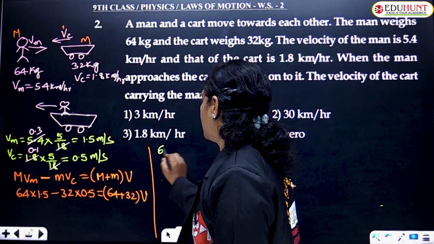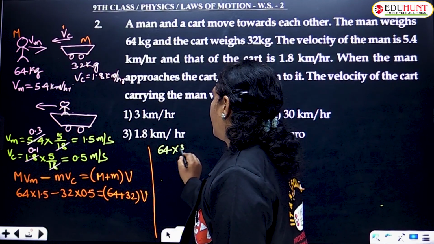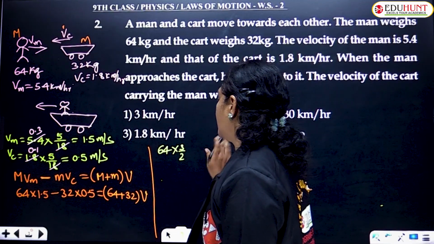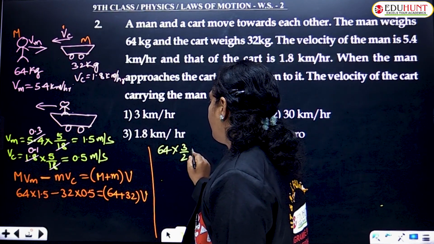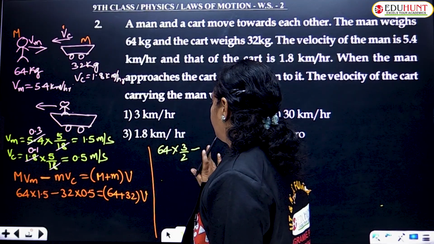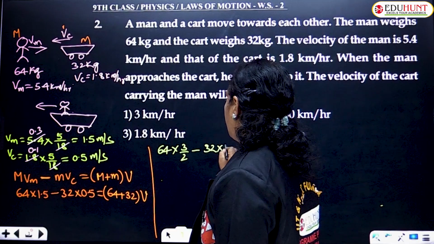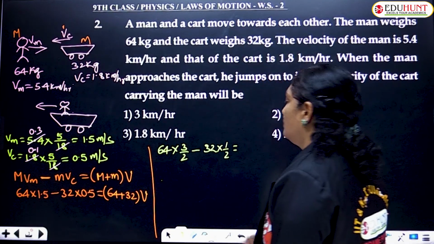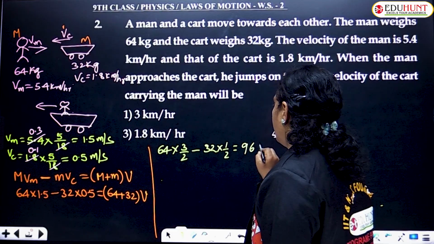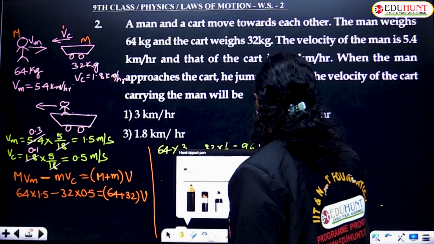This can be written as 64 into 1.5. Can I write it as 3 by 2 for easier simplification? 3 by 2 or 1.5, both are the same, minus 32 into 0.5, which can also be written as 1 by 2, equals to 64 plus 32, that is 96 into V. So let us try to solve the same.